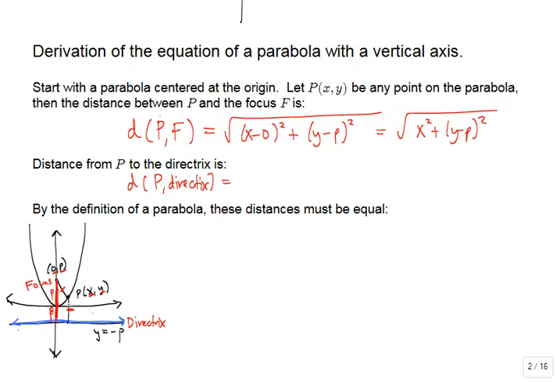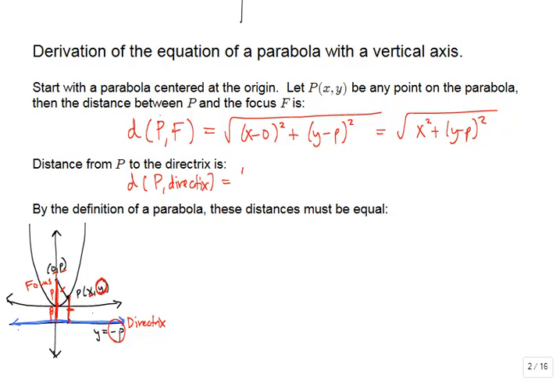Now let's find the distance between point P and our directrix. To get that, this is just a vertical distance going up and down because these two points share the same x coordinate. So to find this vertical distance, it's just whatever this height is, which happens to be y, minus whatever this height is, which happens to be minus p.